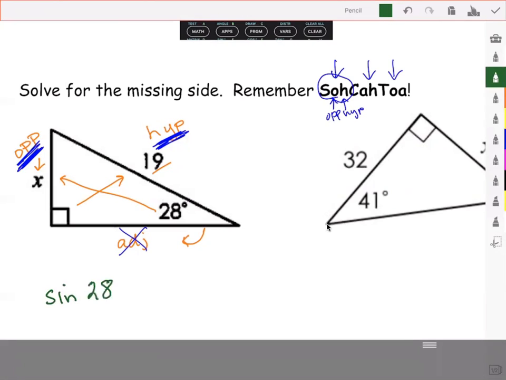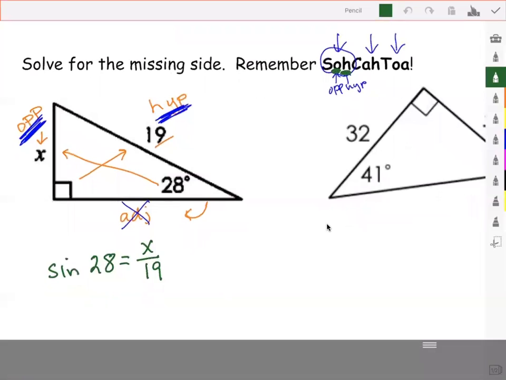So sine of 28 equals, and then since O is first, opposite goes on top. And since H is second in SOH, then the hypotenuse goes on the bottom. All right, so that is my ratio, which we did yesterday. So that should look semi-familiar. Now we just need to solve it.